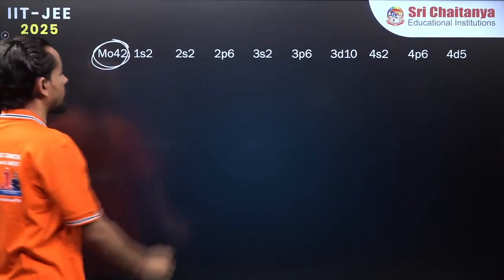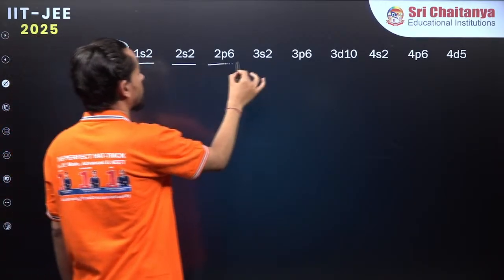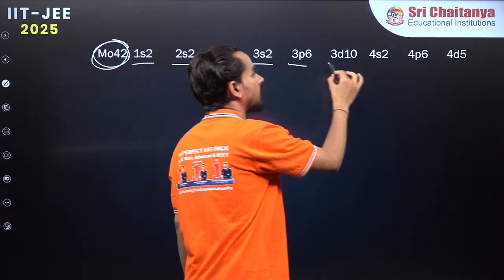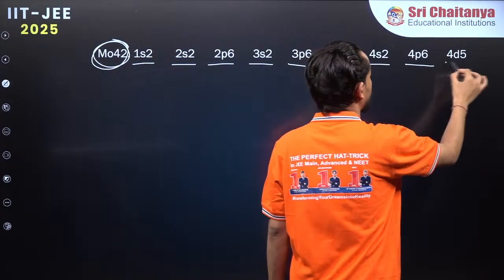What is the configuration? 1s2, 2s2, 2p6, 3s2, 3p6, 3d10, 4s2, 4p6, 4d5.